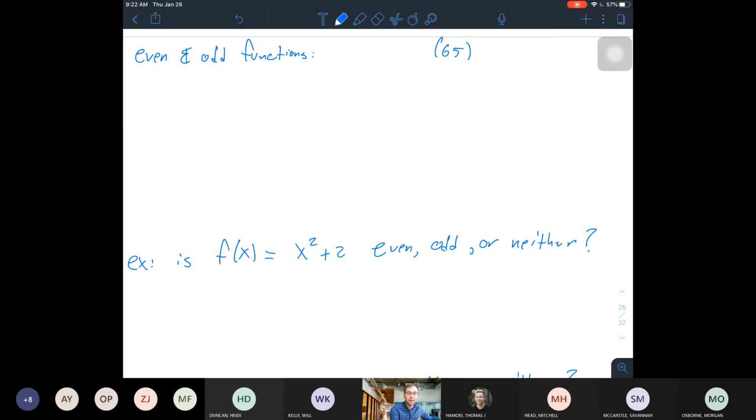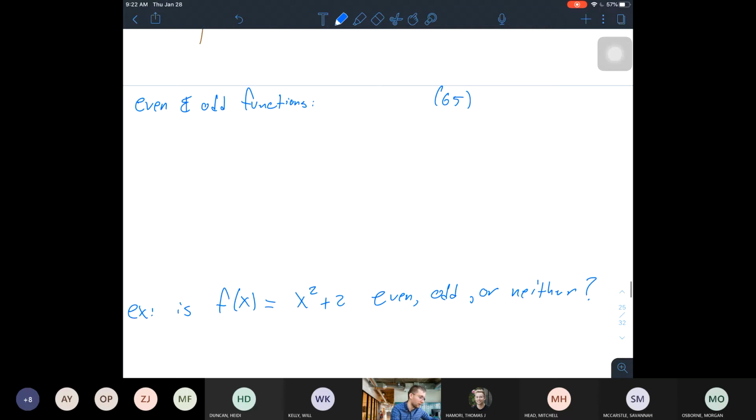When we talk about even and odd numbers, we mean is it divisible by 2? If it's divisible by 2, then it's even. If it's not divisible by 2, then it's odd. Even and odd functions is a totally different topic, and here's how we define it.